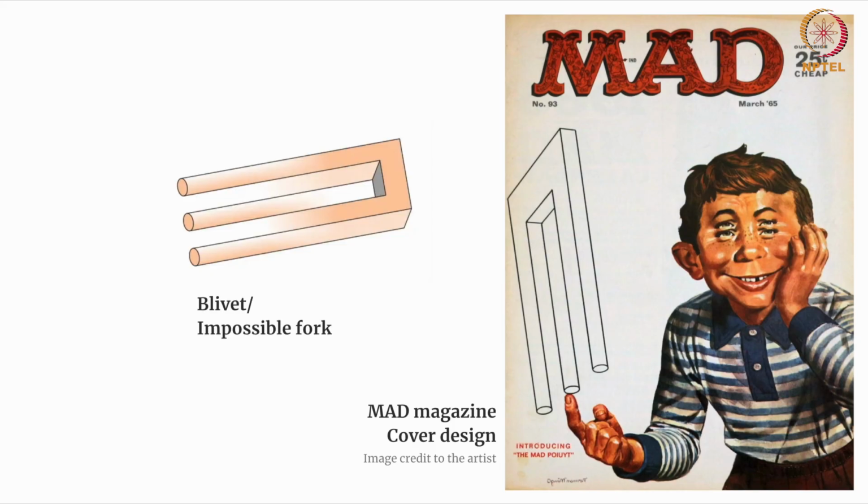So often on first glance, the Blivet looks entirely possible, but upon closer inspection, you will realize that it is very difficult to decipher. So you have three prongs here, but suddenly here there are two things which are coming out.